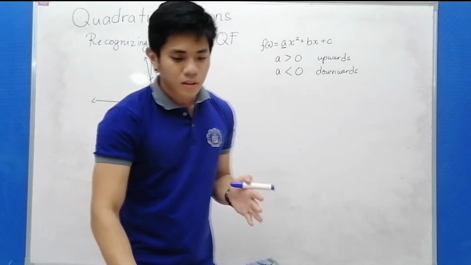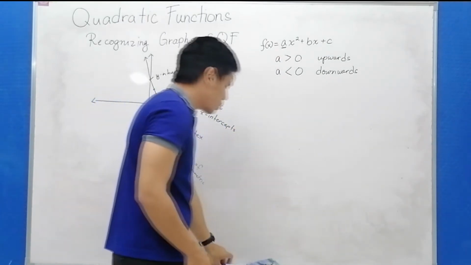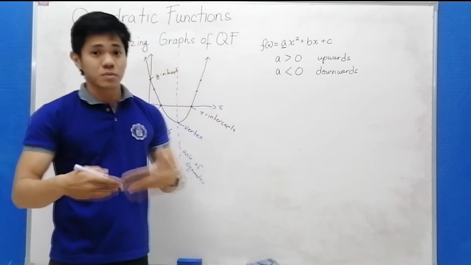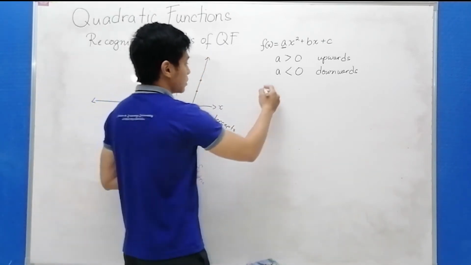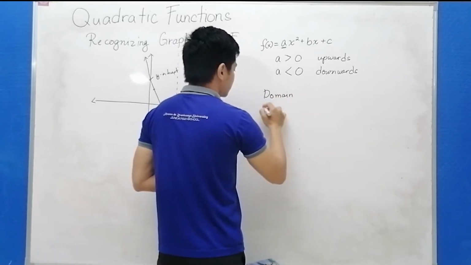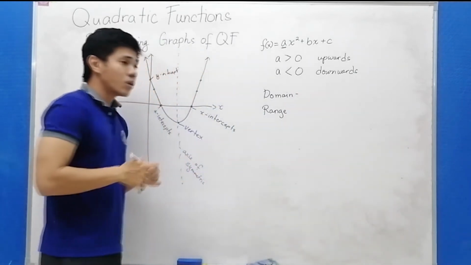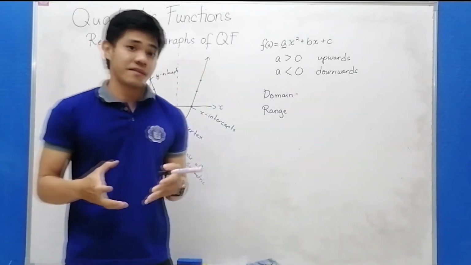So looking at the graph, we also need to take note of these 2 terms, the domain and range. If you remember, when we talk about graphs, we always have to take note of domain and range. What are domain and range? Domain is all of the possible values X can have.